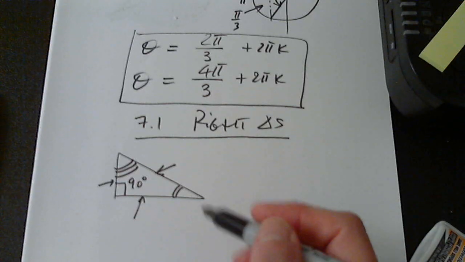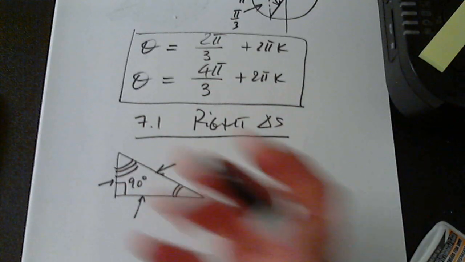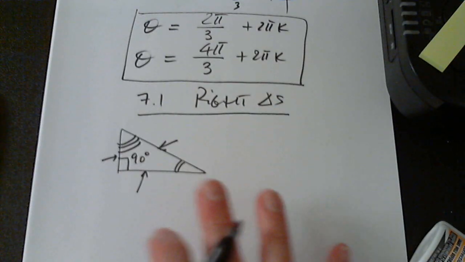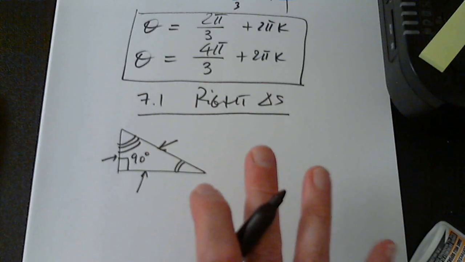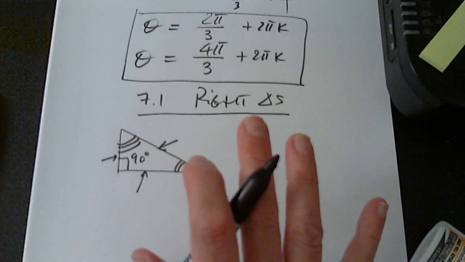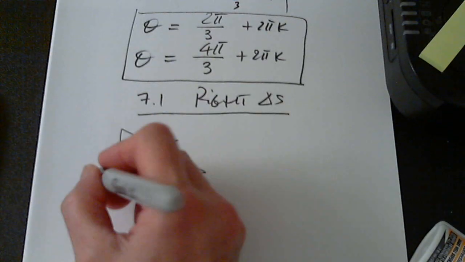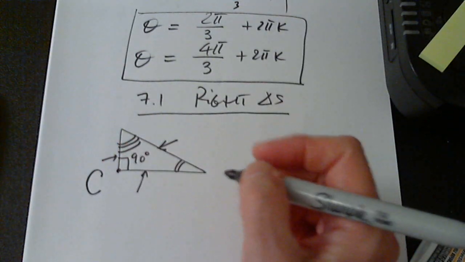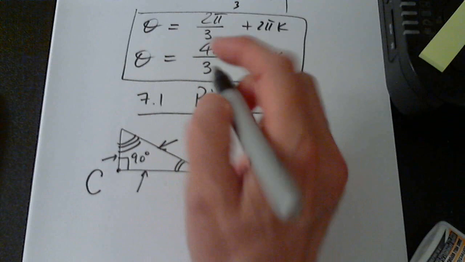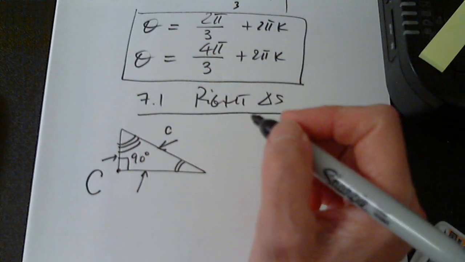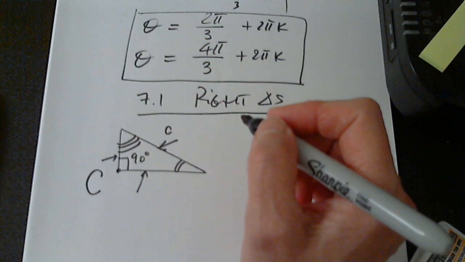Depending on how we want to denote those, the notation is not important, but what is important is if I denote the right angle by uppercase C, the opposite side has to be denoted by lowercase c.